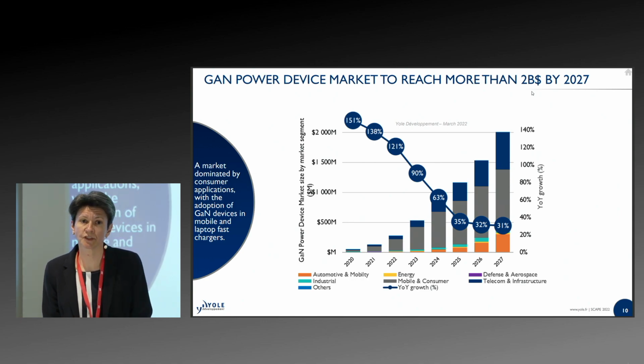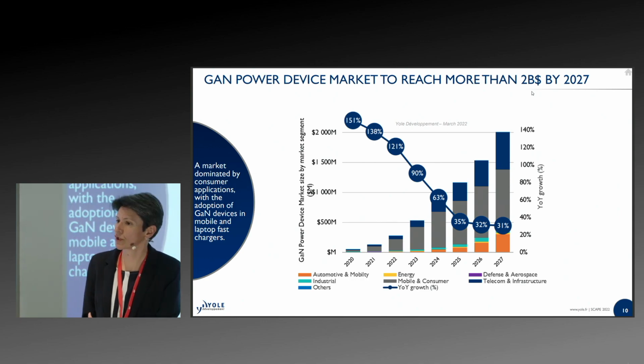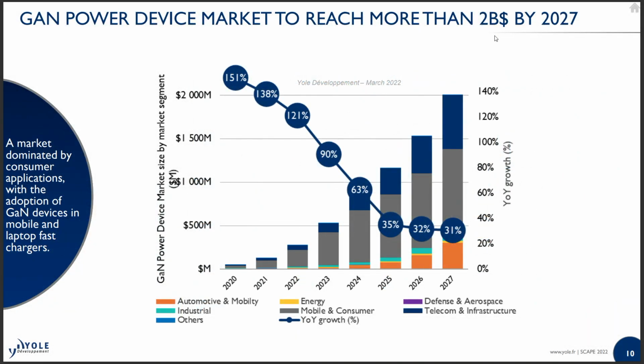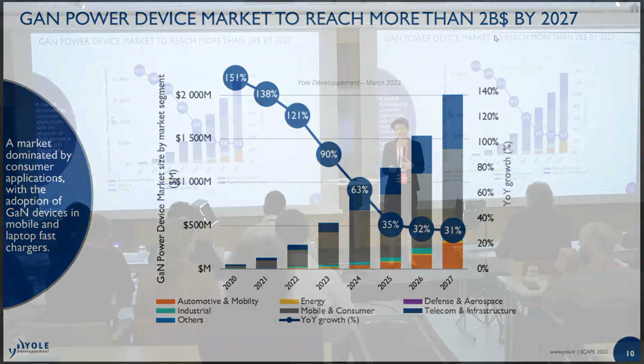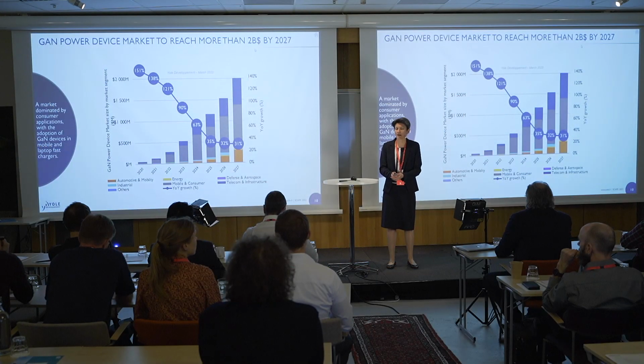And otherwise, you would see also telecom and infrastructure, where you have power supplies and you're looking for very efficient power conversion. By 2023, there will be some new regulations, for example in Europe, really forcing some of the telecom suppliers to consider efficient power conversion, which should drive more volume for GaN.